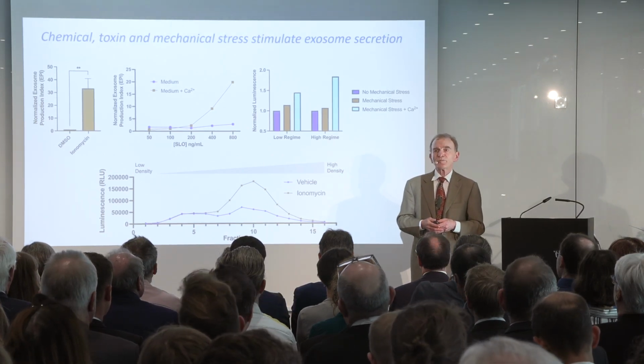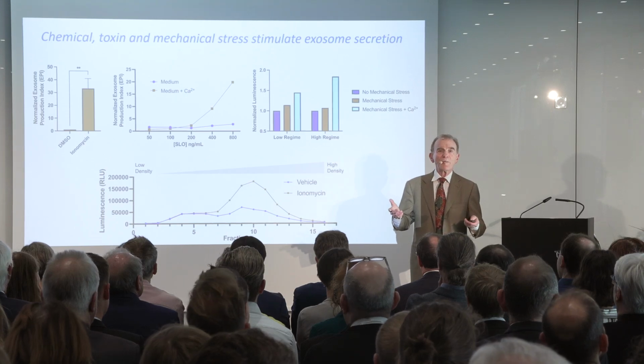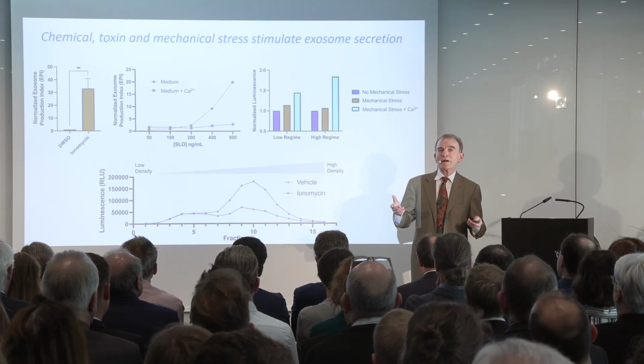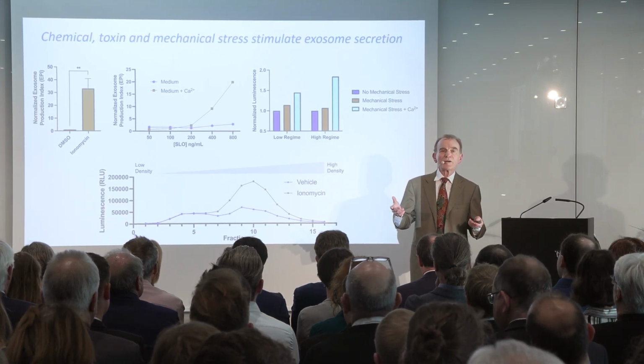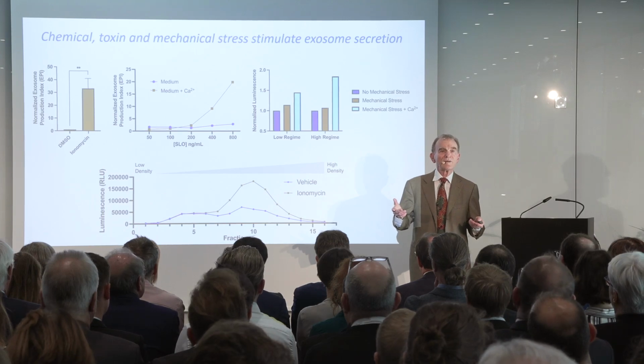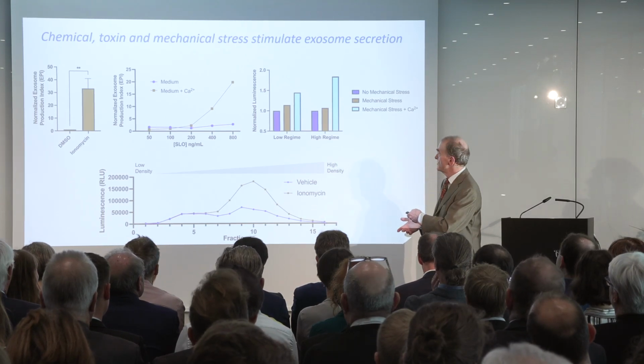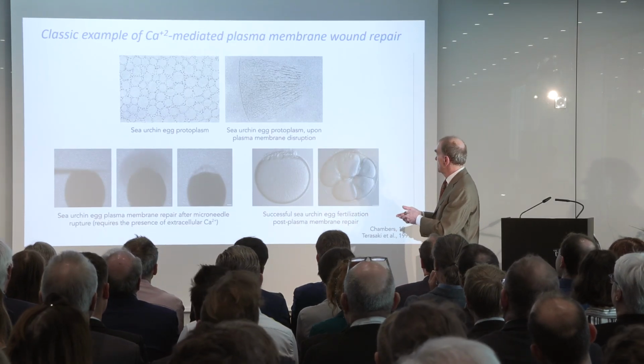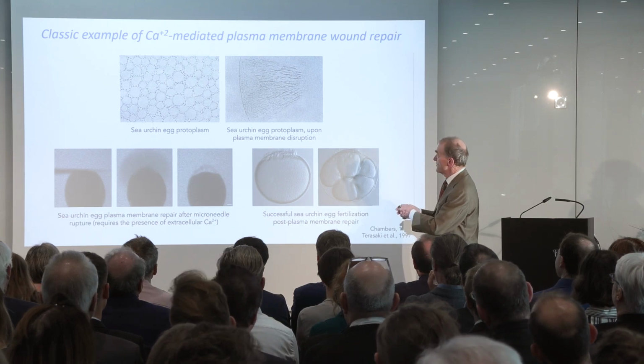Now, the process of plasma membrane repair is not a new phenomenon among experimental biologists. It was observed already over 100 years ago by classical developmental biologists, as we'll see in this experiment shown from a publication from over 100 years ago.